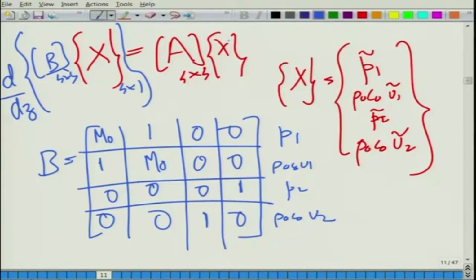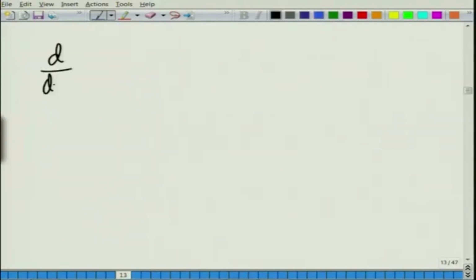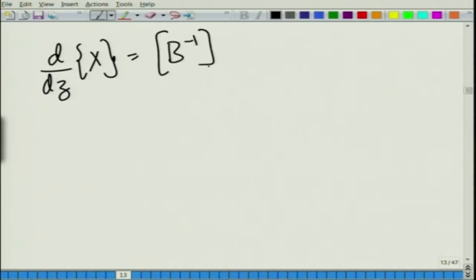So, let us do that. d/dz of the state variable x is equal to B inverse A times x. This is 4 cross 4, just to remind you.